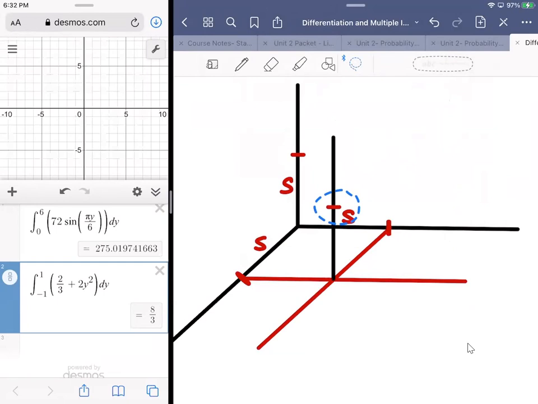Okay, so going up S units, easier said than done, but we'll get there. Making a, hopefully, a representative looking figure here.